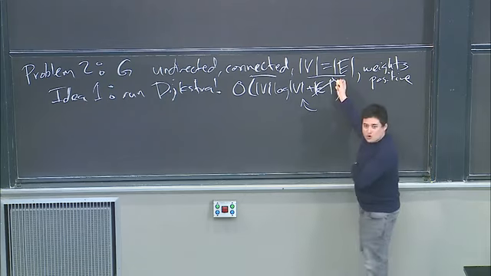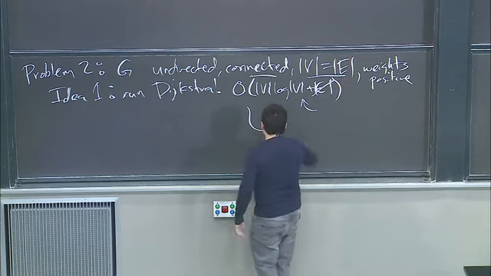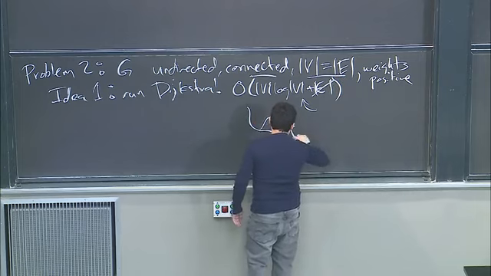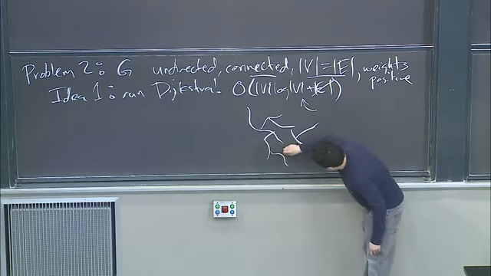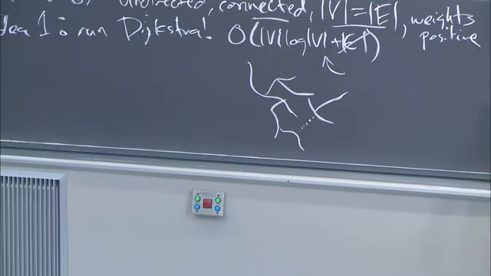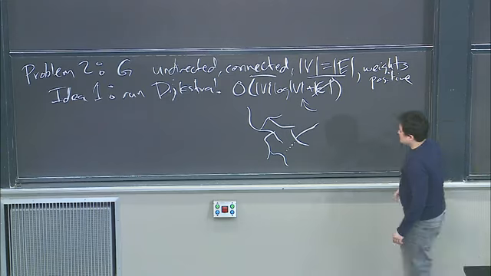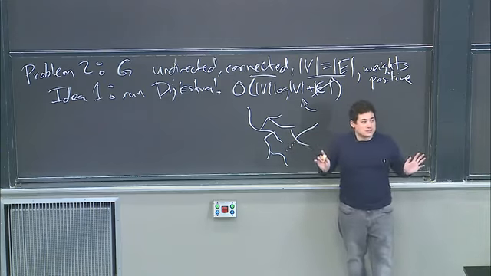So this has one more edge than a tree. So really what our graph G looks like is some kind of tree, and somewhere we've got an extra edge in this graph. It's a tree plus an extra edge. That's what our graph is.